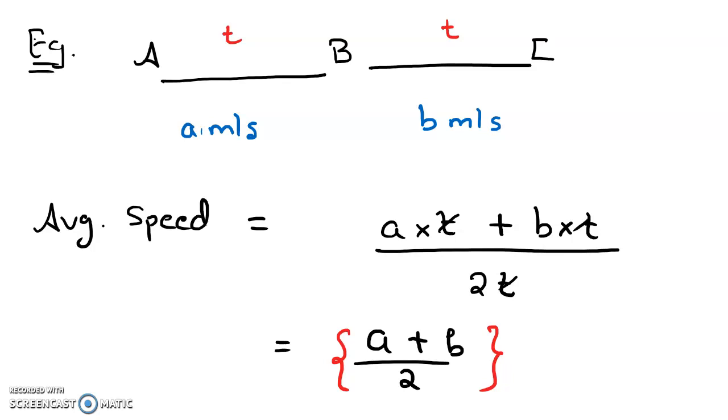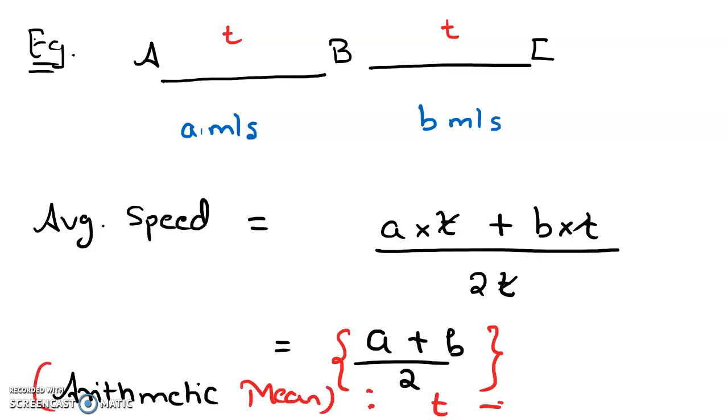When the time taken to cover the two distances is the same, average speed is just the arithmetic mean. We call this the arithmetic mean, provided the time has to be the same for both parts.